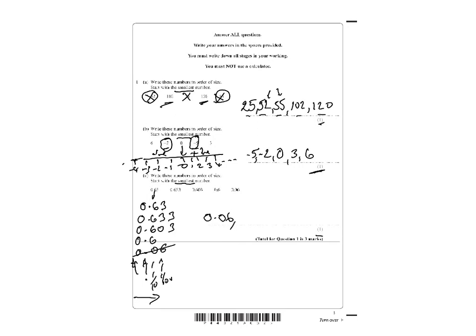Okay, I'm now going to compare my next 4 numbers. I have got 0.63, 0.633, 0.603 and 0.6. They've all got a 6 in that column there.